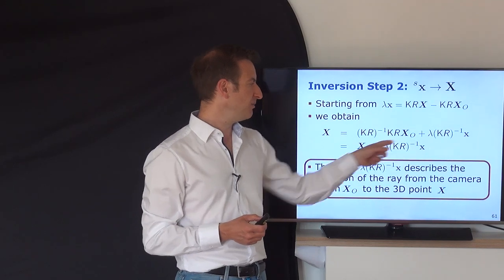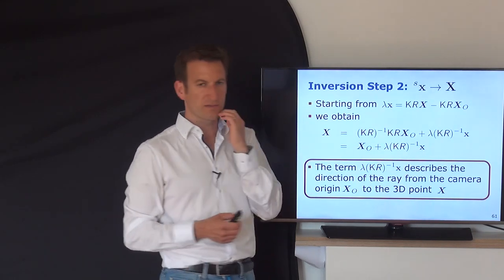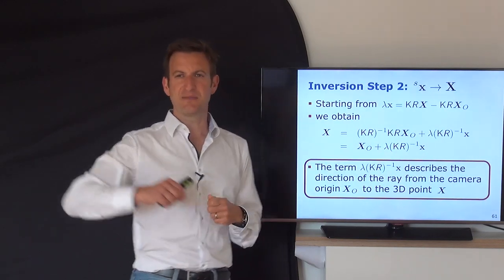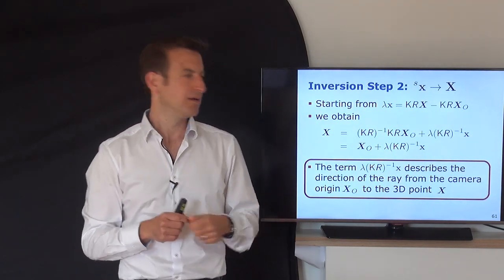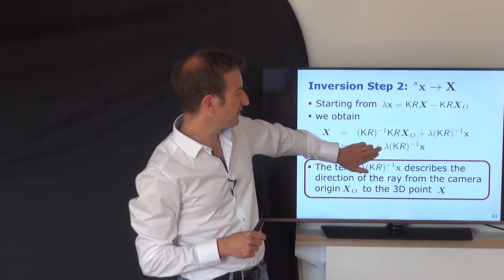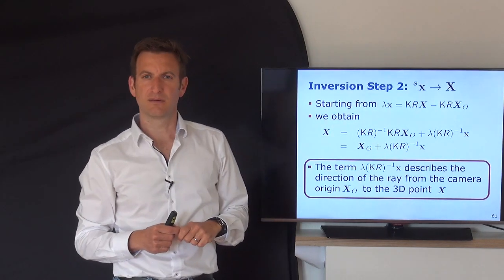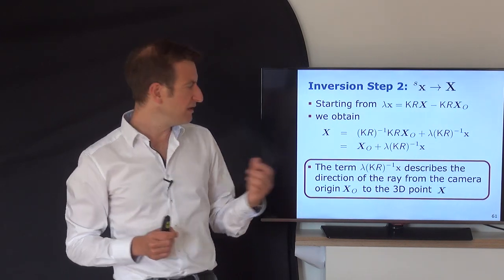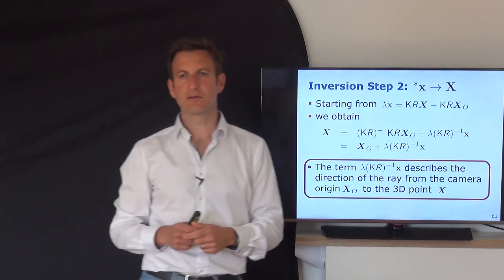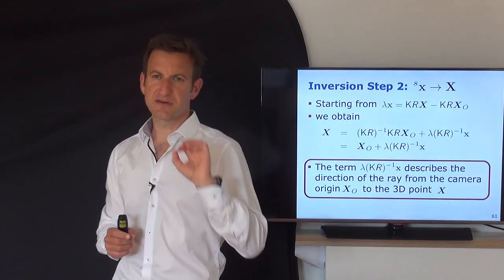And so this must be the direction vector to that point. And this lambda basically tells me how far that point is away. So this is actually the direction vector already, and this is the length of the direction vector. So that means (KR) inverse times the pixel coordinate tells me the direction of a ray.